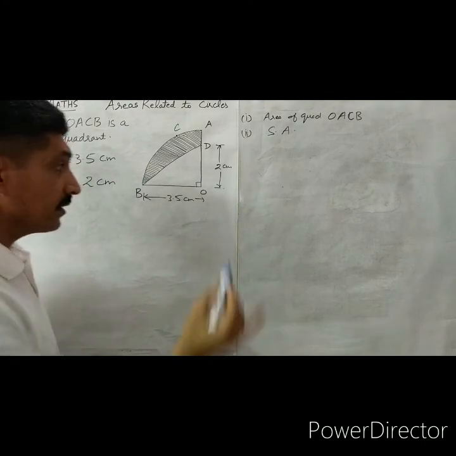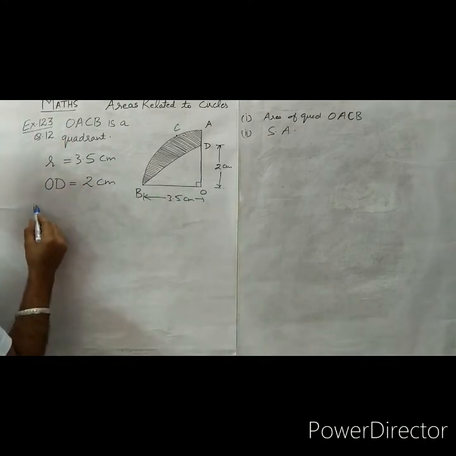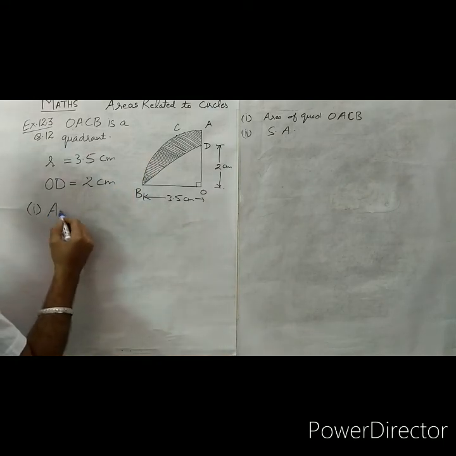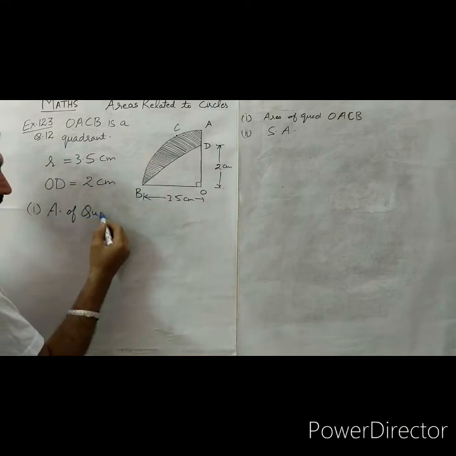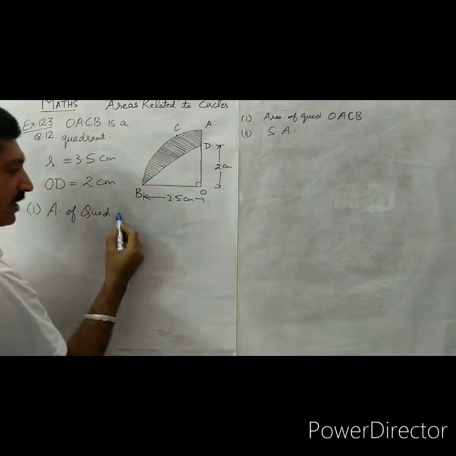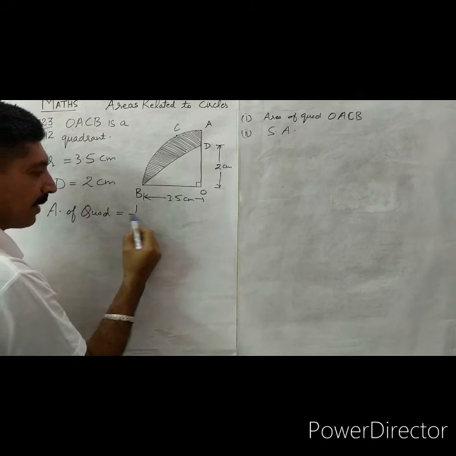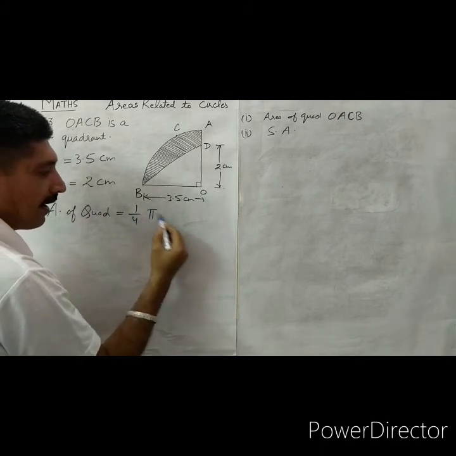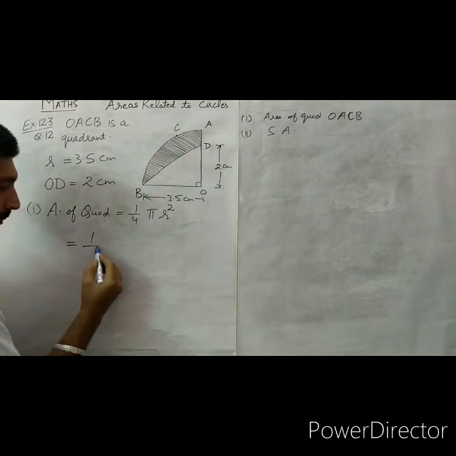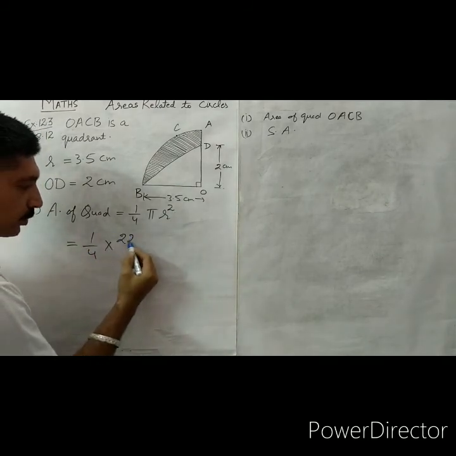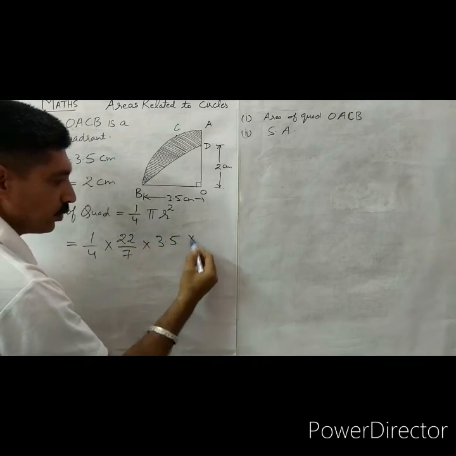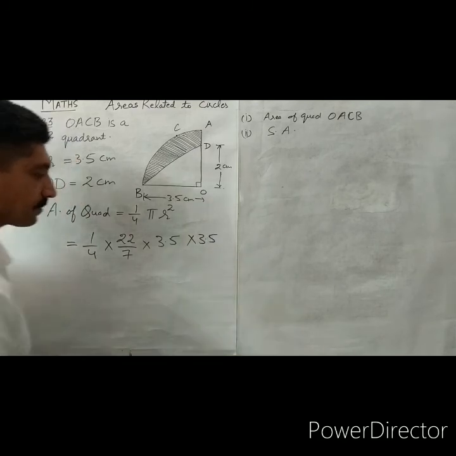So here the first part, the area of the quadrant OACB is equal to 1 by 4 pi r square, which is equal to 1 by 4 into pi 22 upon 7, and r here is 3.5 into 3.5.